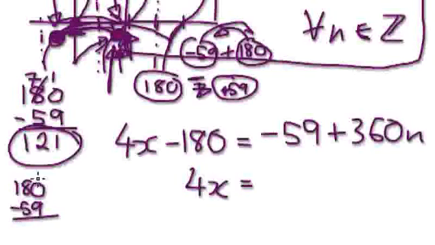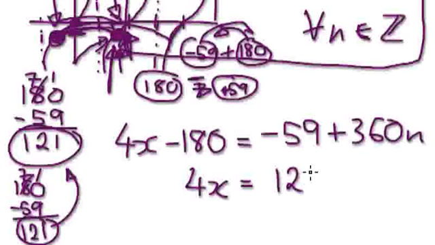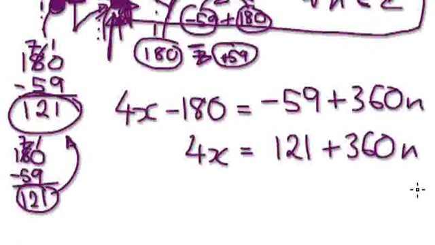So this would be a 7, this would be a 1, this would be a 1, and this here would be a 2 1. It's just a coincidence that it equals this as well. Anyway, this will be 121 plus 360n. Now divide both sides by 4.